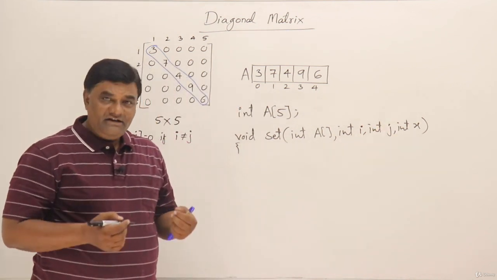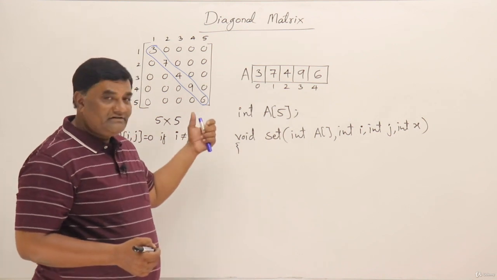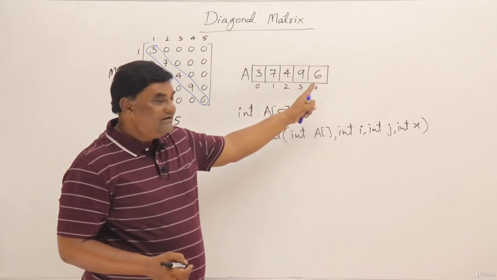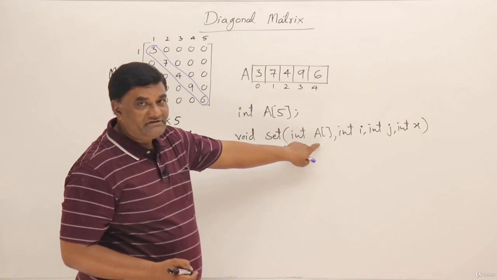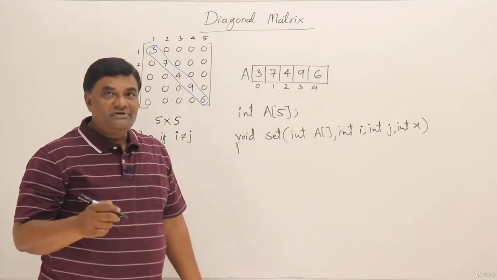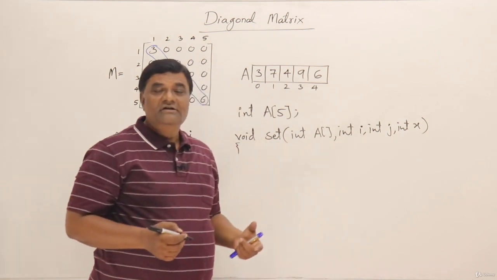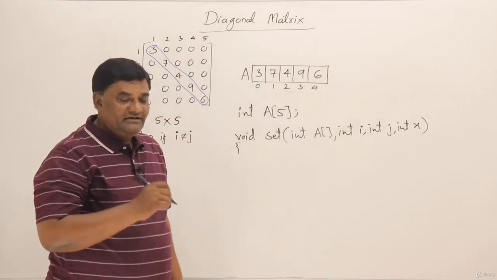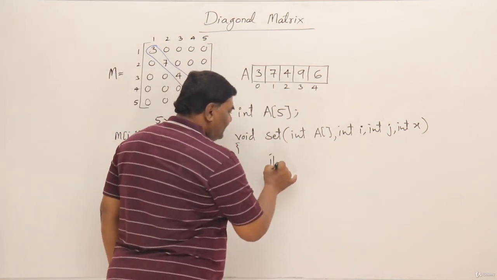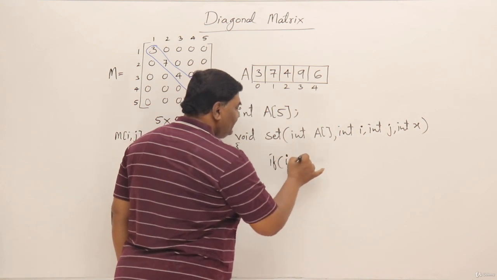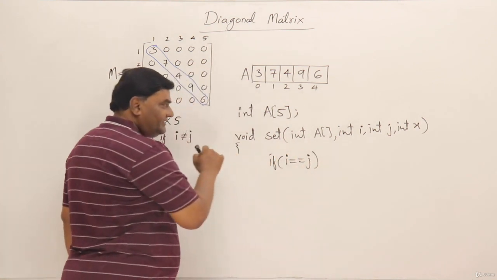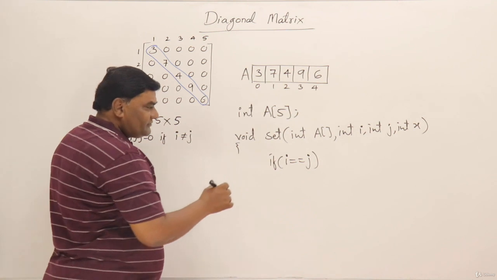Now, if I am giving any element for storing, then it should be stored in the array that is passed as a parameter. So before storing, first of all, check whether i and j are equal or not. Store only if they are equal. So if i is equal to j, then only the set function will store the element. Where will it store the element?